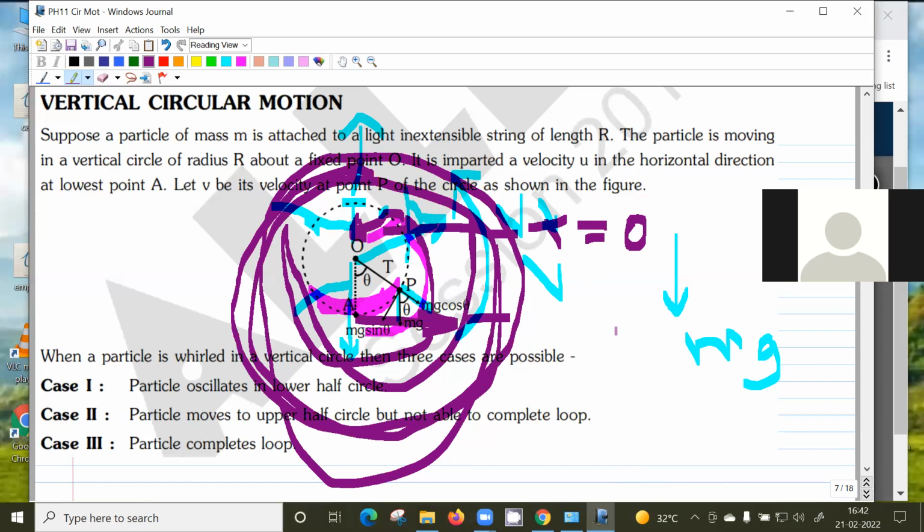So these are the three possibilities, or we can say four. One is the lower half, and here there are two possibilities: whether tension becomes zero or velocity becomes zero. And if it reaches the topmost point with non-zero tension and non-zero velocity, it will keep on continuing.